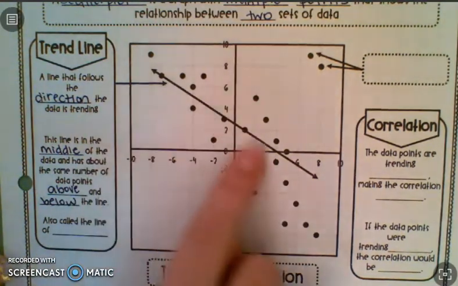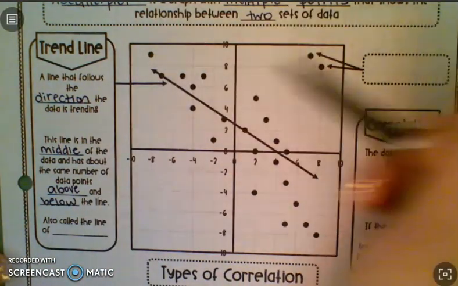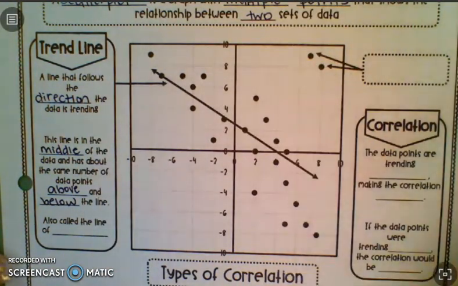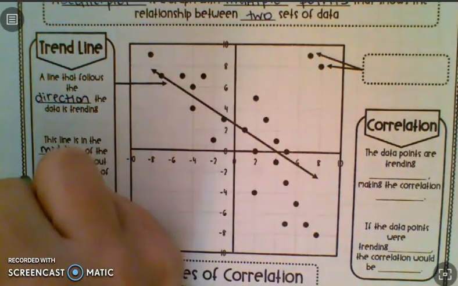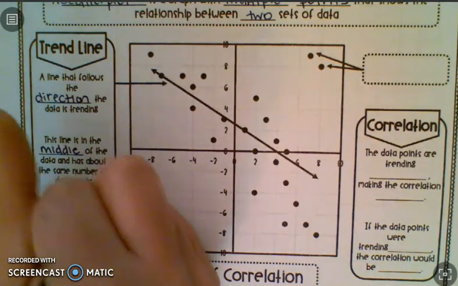So when they drew this line, there's about the same number on top as there is on the bottom of this line. This line is also known as the line of best fit.